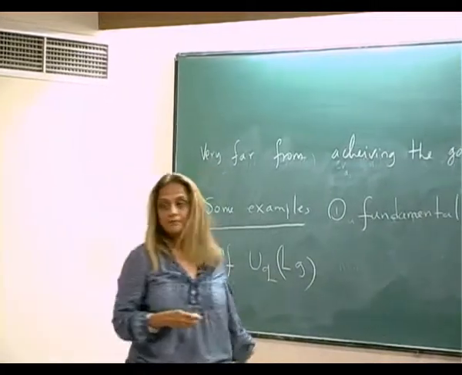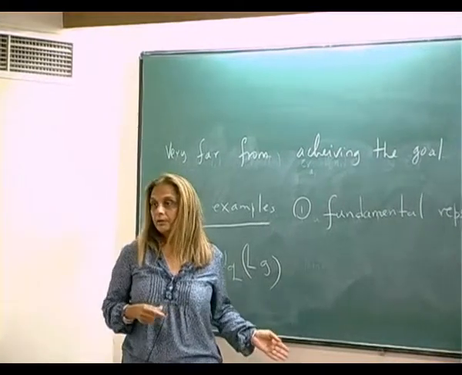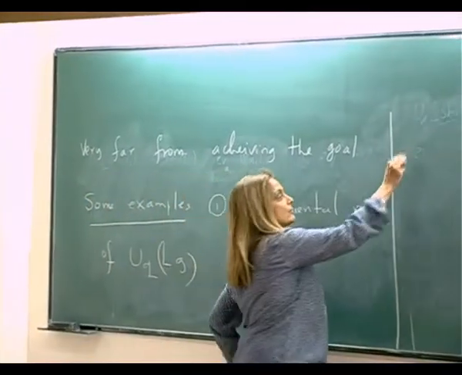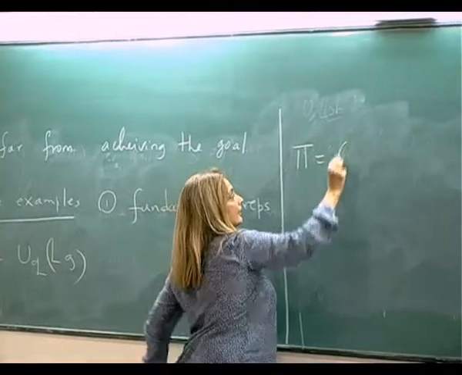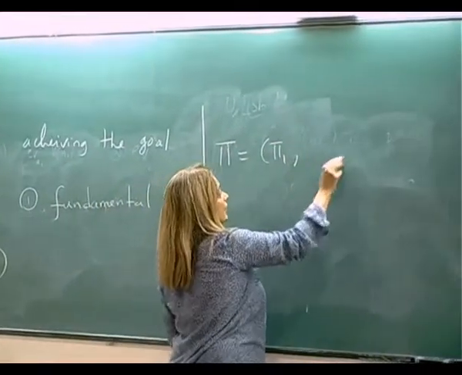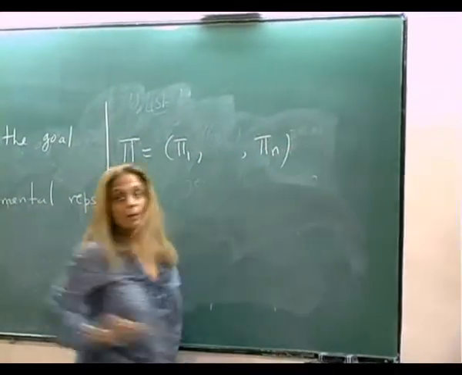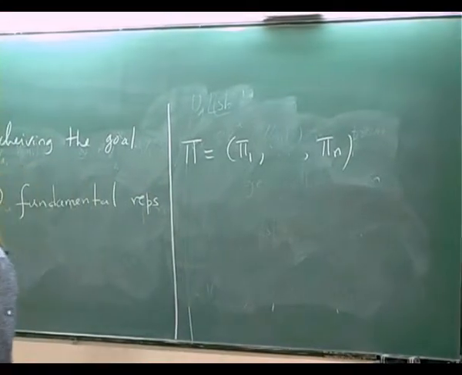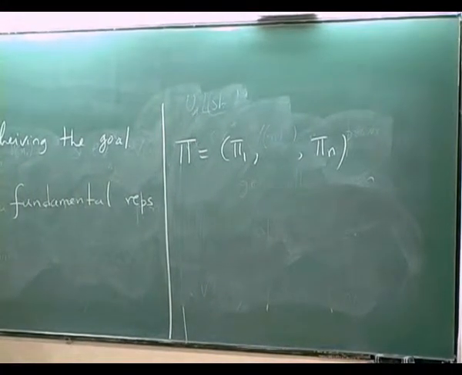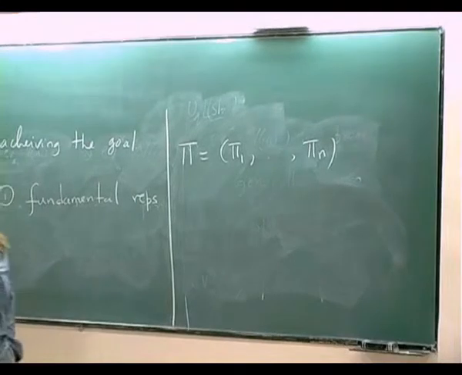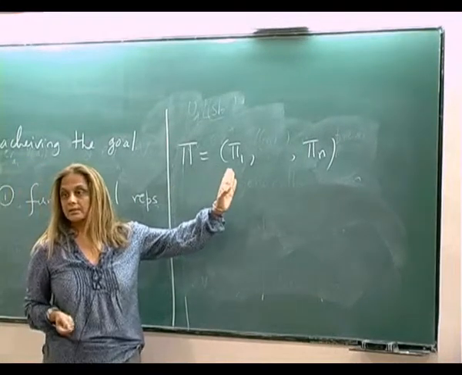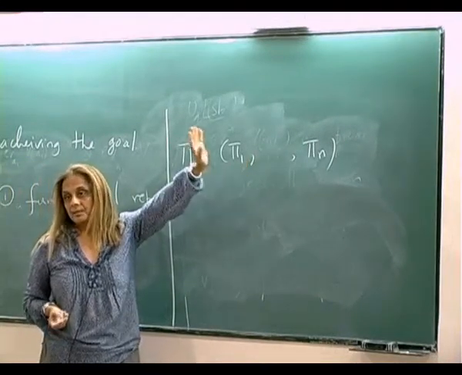So what do I mean by a fundamental representation of U_q of LG? What are the irreducible representations given by? They're given by Drinfeld polynomials. So what is the analog of wanting everything to be 0 except one thing? That's saying that all these polynomials have degree 0.